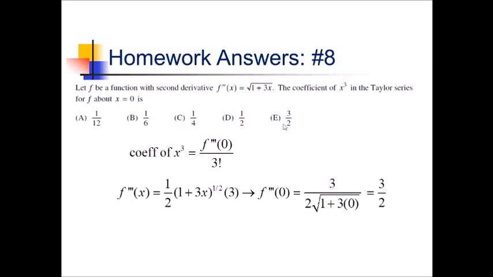Now that is one of the answer choices, but before you jump the gun and pick choice E, remember we had to actually divide this by 3 factorial to get that coefficient of x cubed. So 3 halves over 3 factorial, that's really 3 over 2 over 6, or 3 over 12, which we can reduce to 1/4. Choice C.